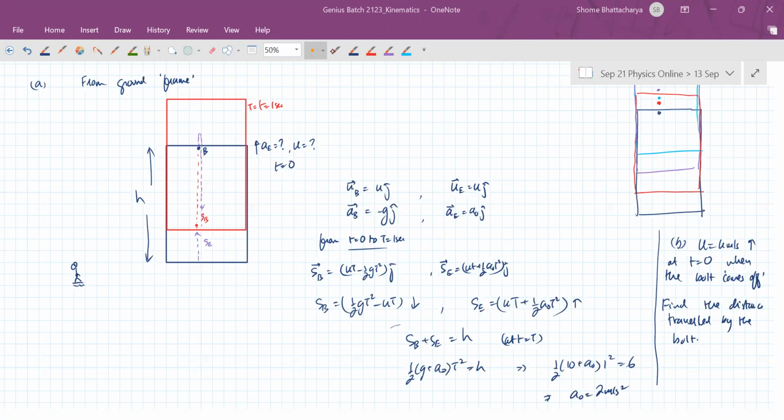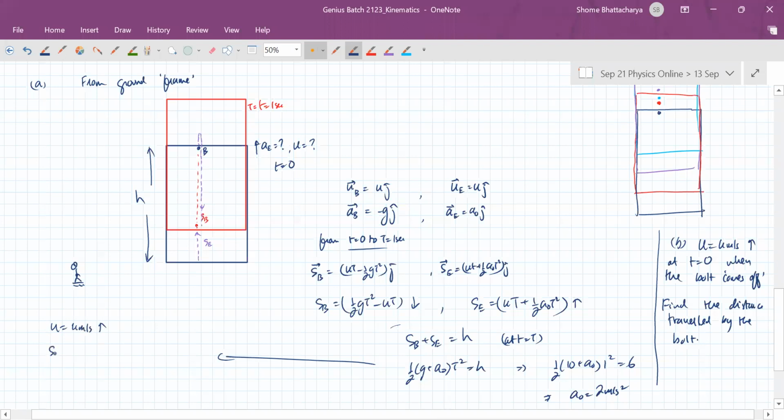So before we solve the B part, another interesting thing here is that from this data, taking u to be 4 meters per second upwards, the displacement of the bolt in the ground frame will become half into 10 into 1 minus 4 into 1.